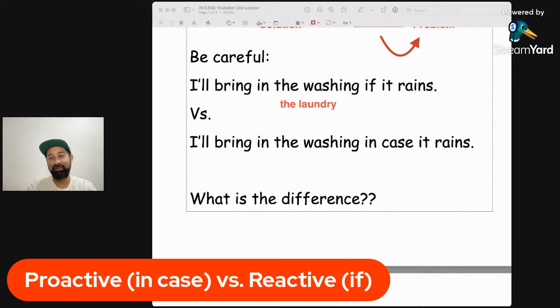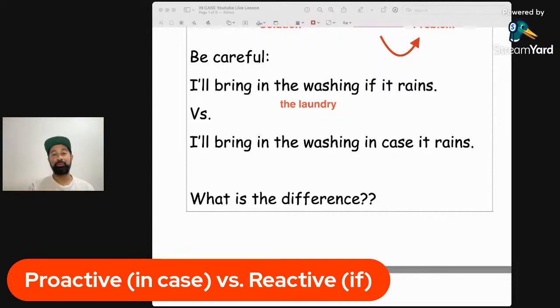That's tough, advanced vocabulary. So in this situation, proactive means I am doing something, I am preparing, before the problem comes. I don't want the problem to come, so I'm doing something before it comes.